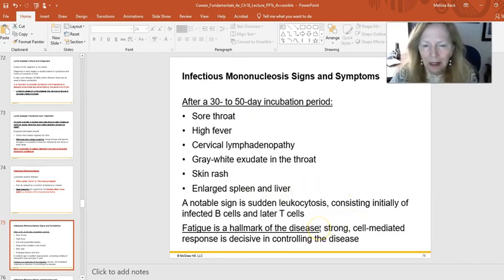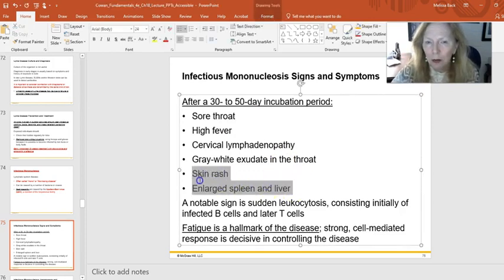The extreme fatigue is the hallmark of this. And again, it's because the spleen is working overtime, the liver's working overtime, they're responding to this, they're enlarging. And you have to be careful with people who have this, because for weeks and months they can be at risk.